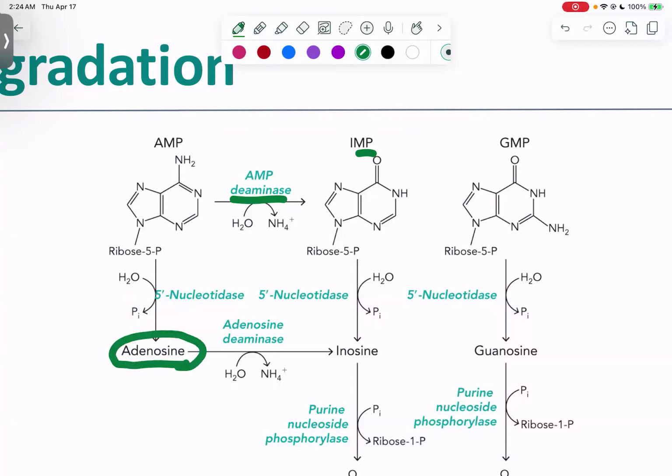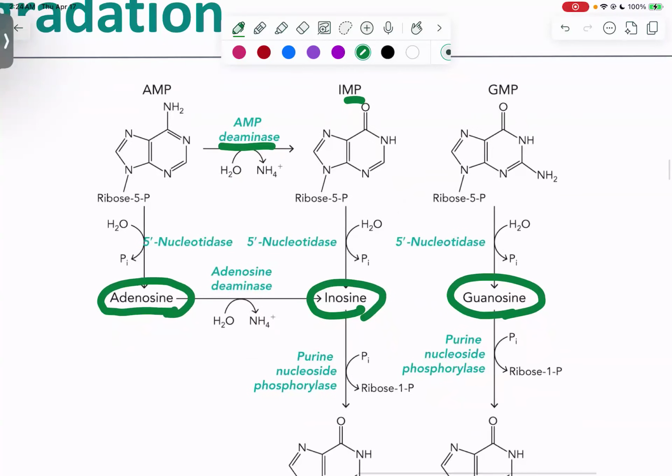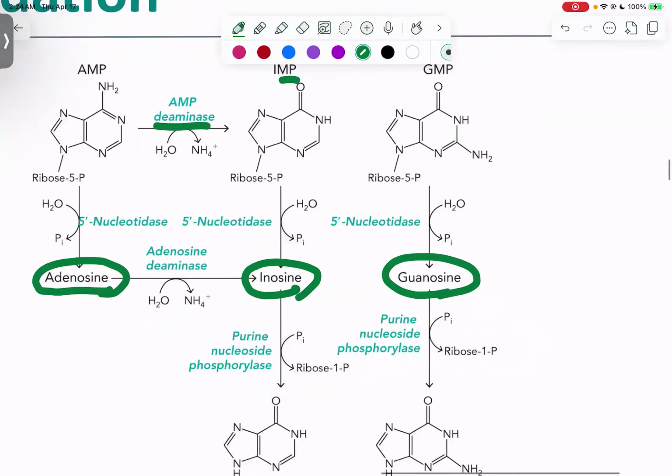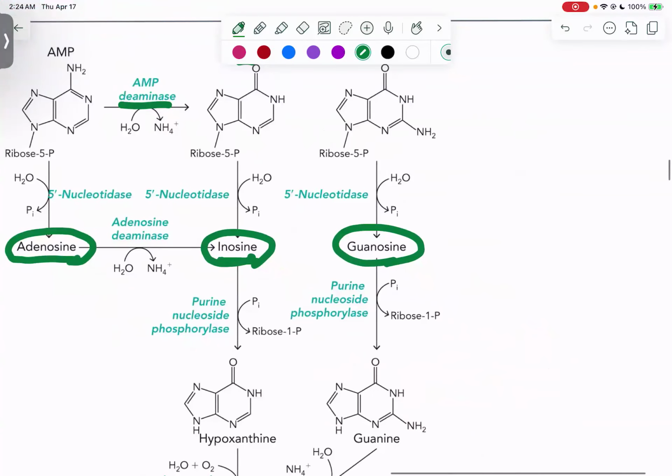And so I'm going to be left with just the base, whether that's adenosine, inosine, or guanosine. That's all we're going to be left with. Okay. And at that point, adenosine can be deaminated to inosine as well.